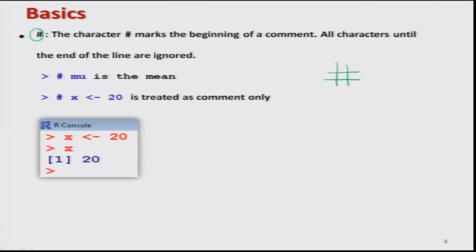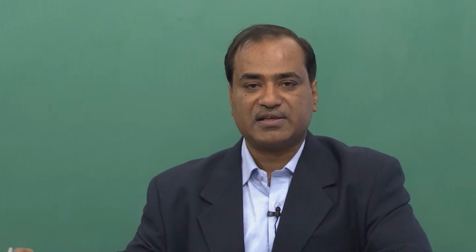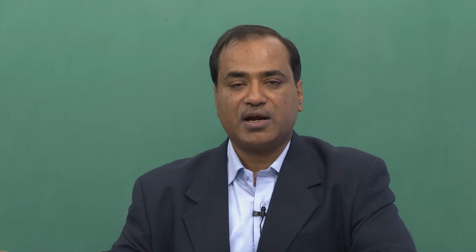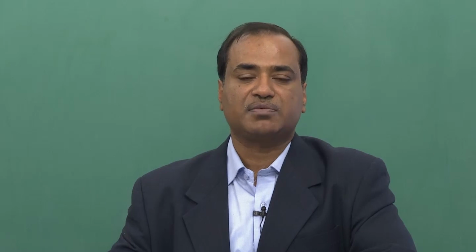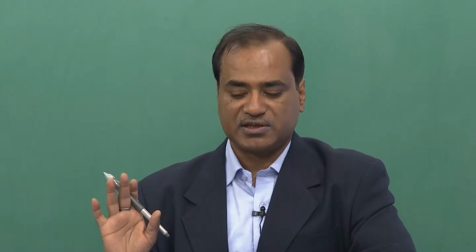For example, when I write x equal to 2, that means the value 2 has been assigned to a variable x, and when I write 2 into x, the value of x is multiplied by 2 and we get 2 into 20, that is 40. But now, if I say x equal to is a comment, that means there should not be any mathematical operation over the comment, that will simply appear as a statement.